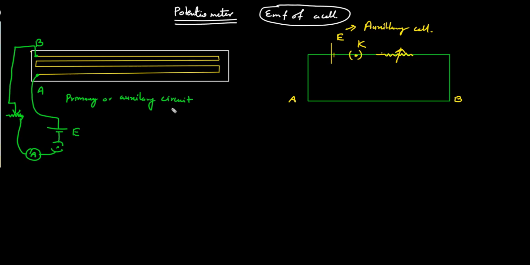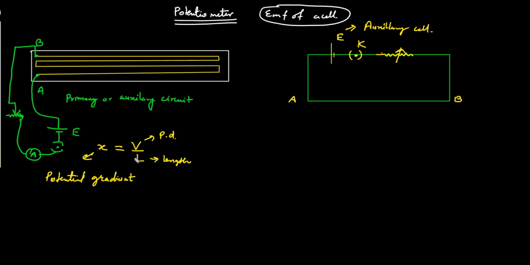Okay, now we will see the principle of this potentiometer first of all. Now what is the principle? Principle is X equals V by L, where V is the potential difference and L is the length of the wire. And this X is known as potential gradient.